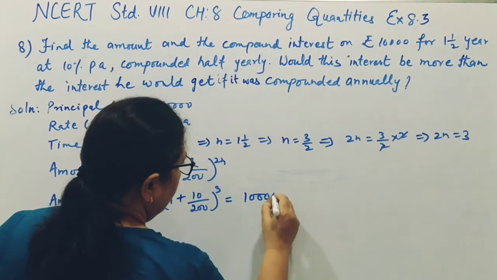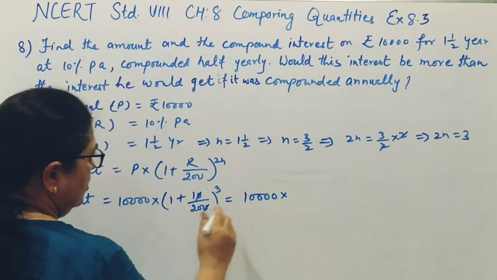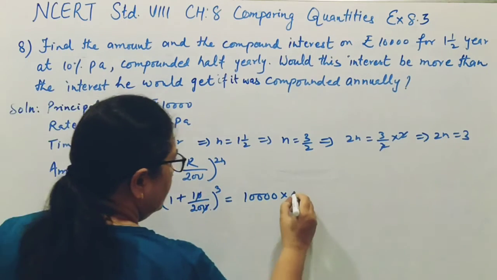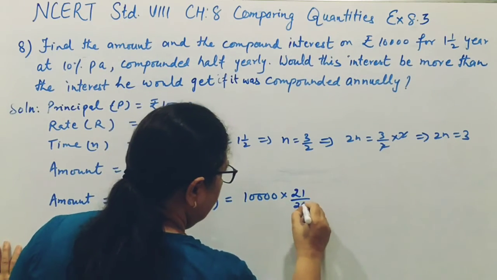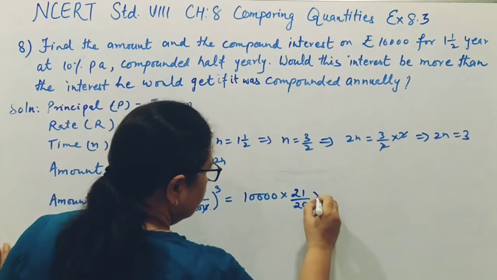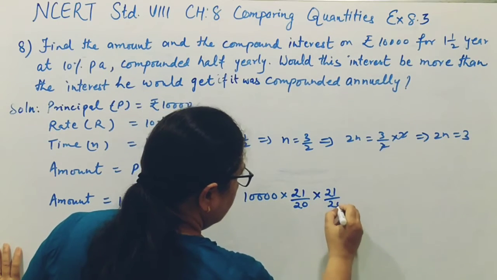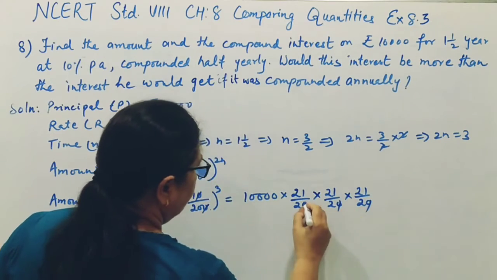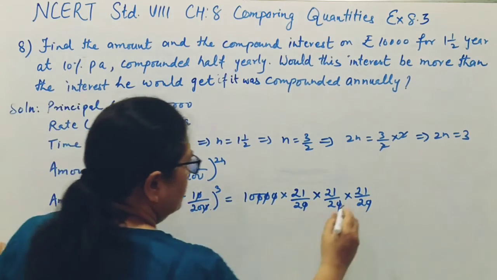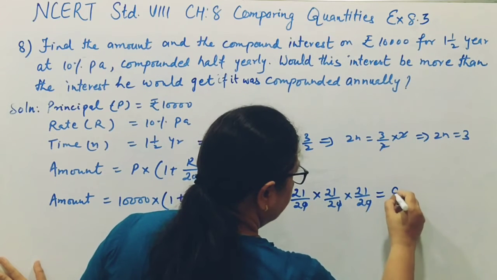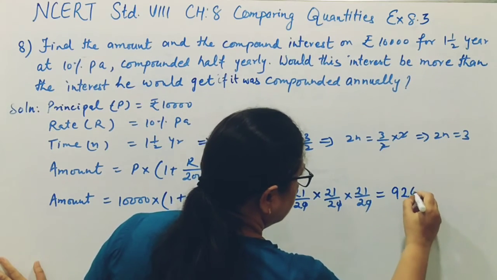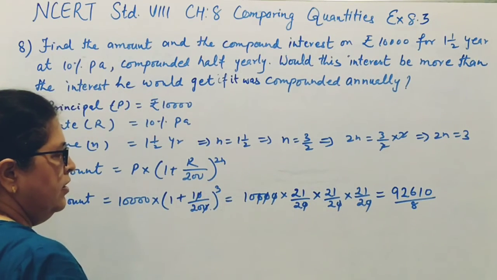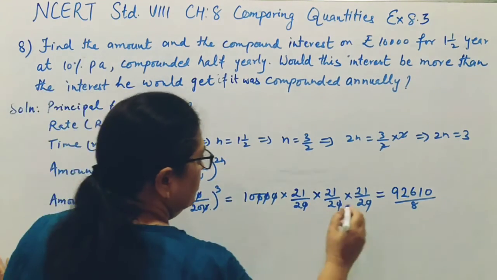So it will be 10,000. After simplification, 1 plus 10 upon 200 will become 21 upon 20, and its power is 3. So 21 upon 20 into 21 upon 20. So we get 92,610 upon 8.